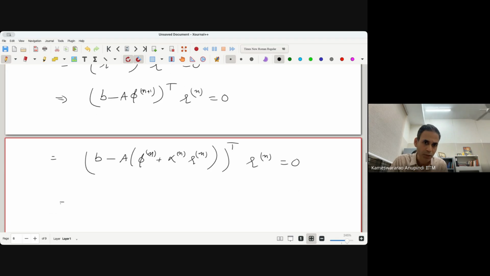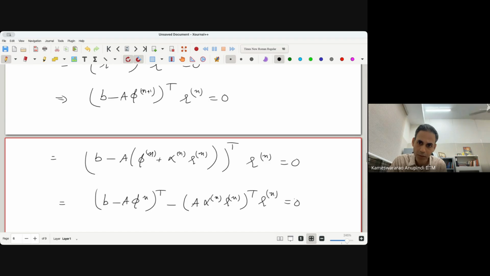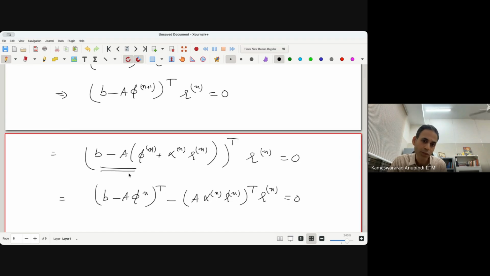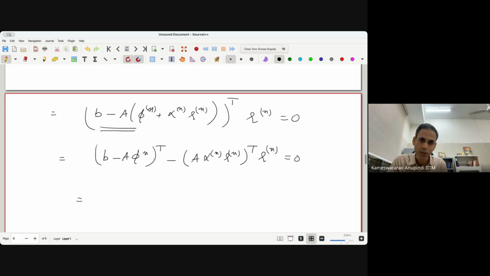This is going to give me (b minus A phi n) transpose minus (A times alpha n Rn) transpose, times Rn equal to 0. I have just clubbed these two here. I should multiply with both the terms, the first term and the second term. What is b minus A phi n?